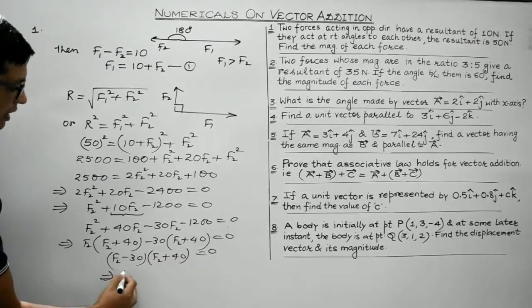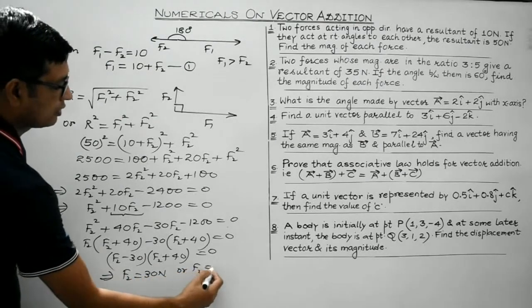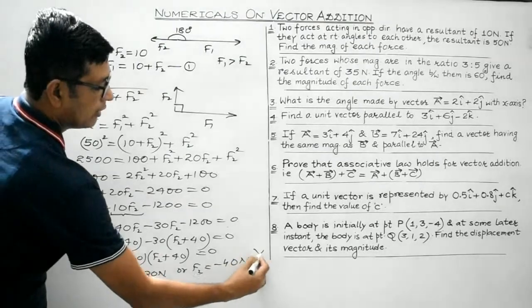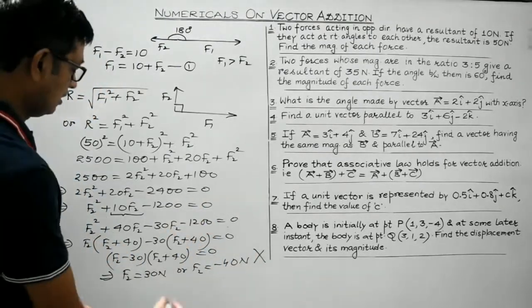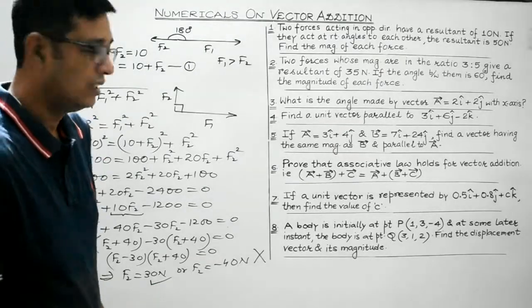Which implies that F2 is equal to 30 Newton or F2 is equal to minus 40 Newton. Avoid this. Consider the positive value, right?